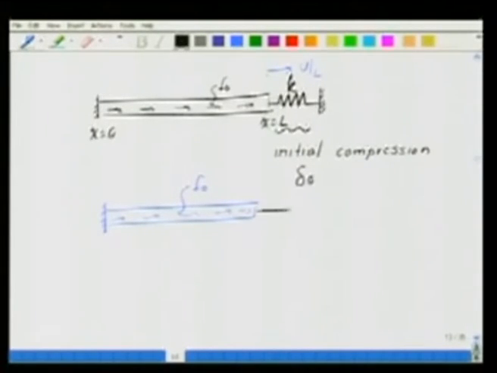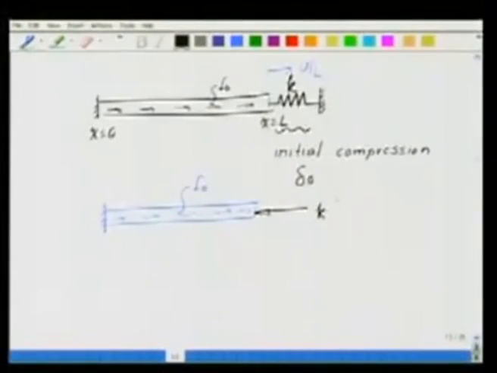The spring applies a compressive force of size k into delta naught plus u at L, because the total compression of the spring now becomes delta naught plus the displacement of the end L, which is u at L.